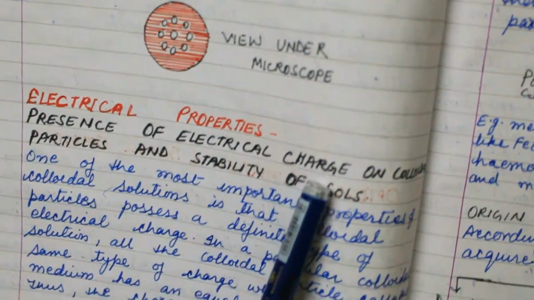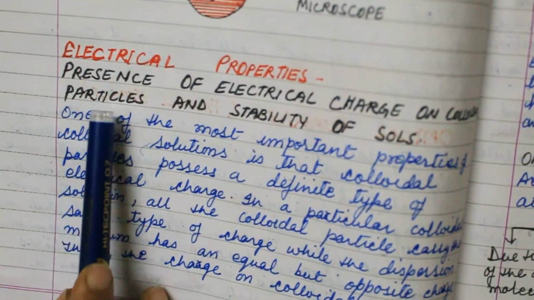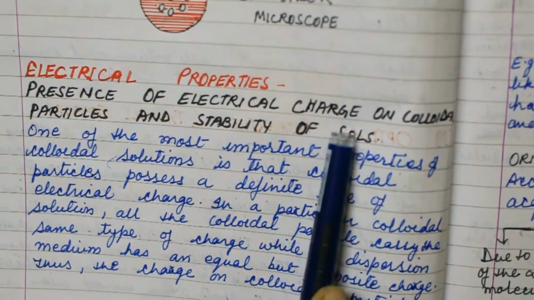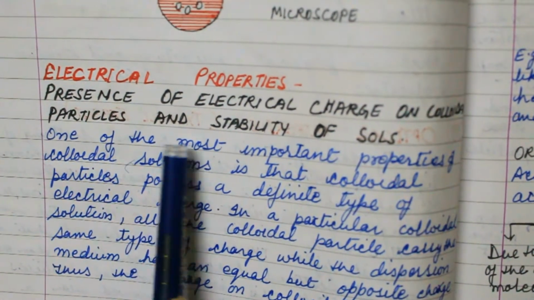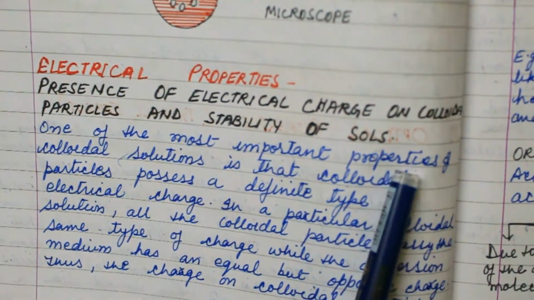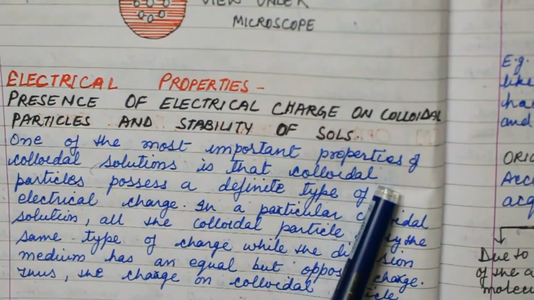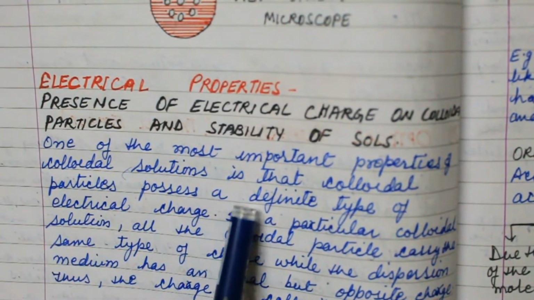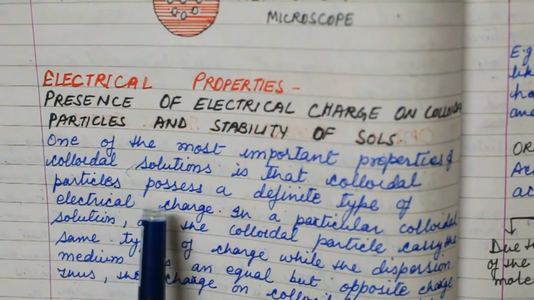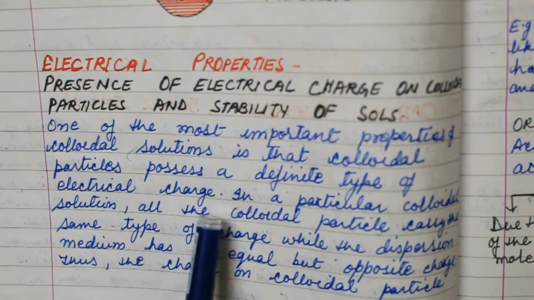Now next is electrical properties. First is presence of electrical charge on the colloidal particle and stability of sols. One of the most important properties of colloidal solution is that colloidal particles possess a definite type of electrical charge.